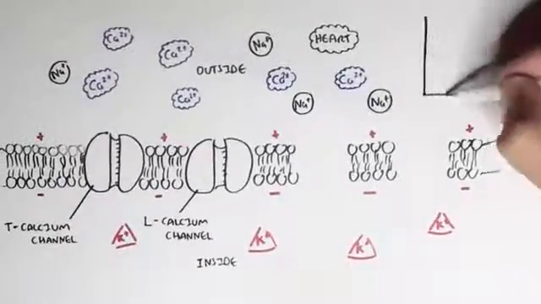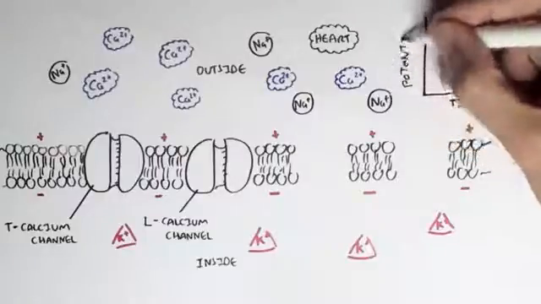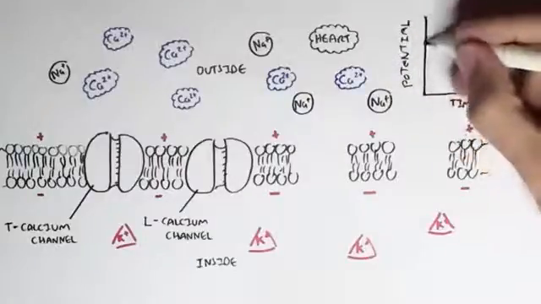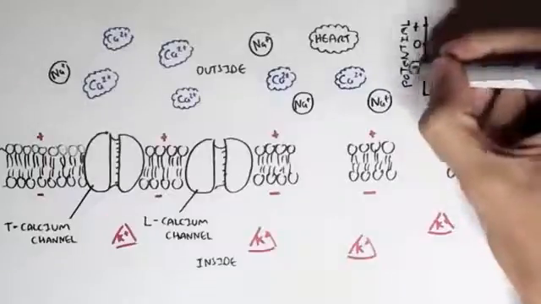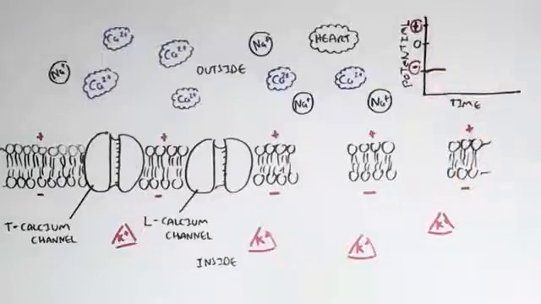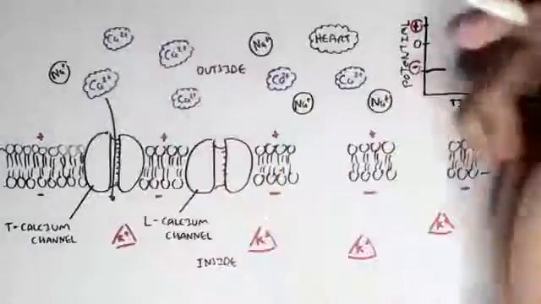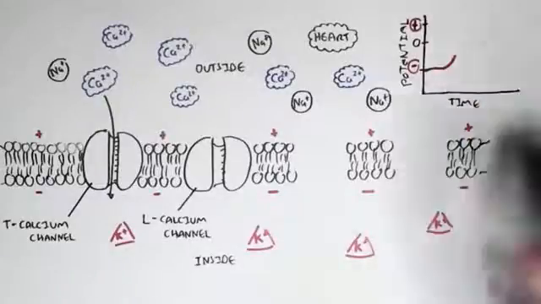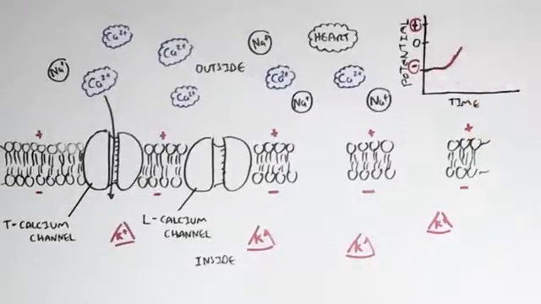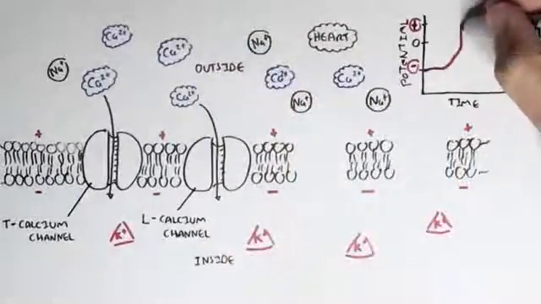So here we have a graph with time on the x-axis and the potential in millivolts on the y-axis. Remember that after the heart pumps out the blood, the membrane potential is usually negative. So here we have negative just after the heart pumps out the blood. But when these calcium channels open, for example, a T-type calcium channel opens, calcium will come in and will change the membrane potential to become more positive. And if the other calcium channel opens, the L-type calcium channel, this allows more calcium to come in and so changes the membrane potential to become even more positive.